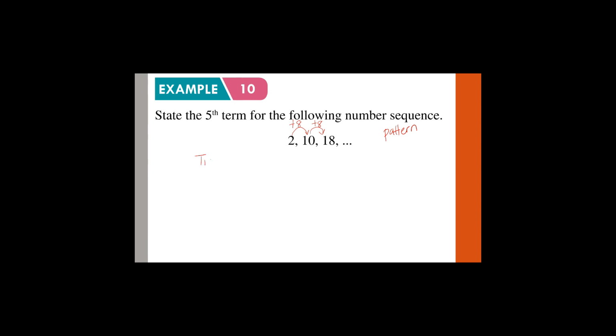Term 1 is equal to what? Term 1 is 2, right? This is term 1. Term 2 is 10. 10, correct. Term 3 is 18. So carry on. Term 4 is 26 because we plus 8. So now you can answer the fifth term.